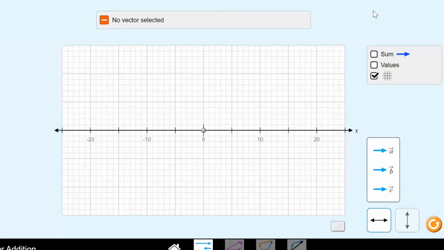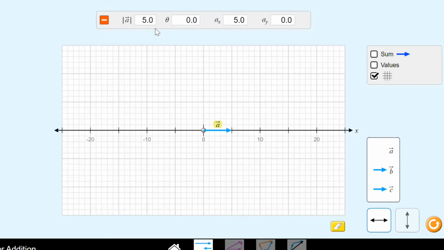Okay, right now we want to talk about vector quantities and how we can add them together. Let's start. I choose a vector like A. I put it here, and as you can see, my vector A is on the x-axis, so it doesn't have any y component.